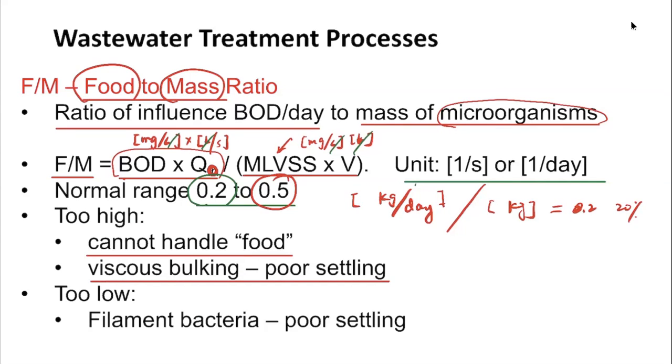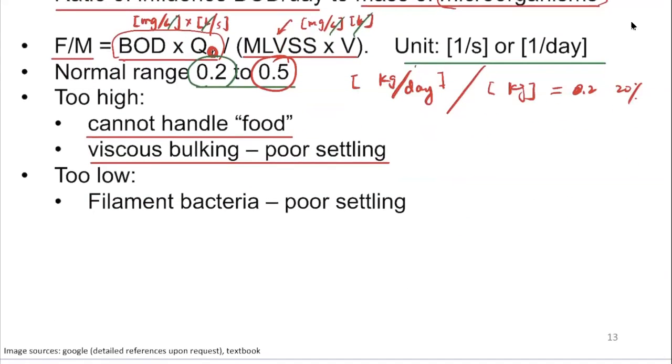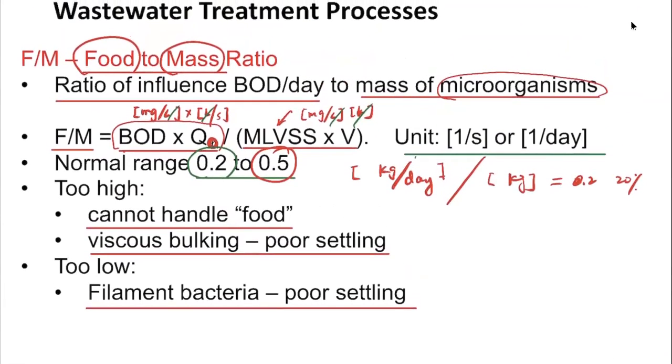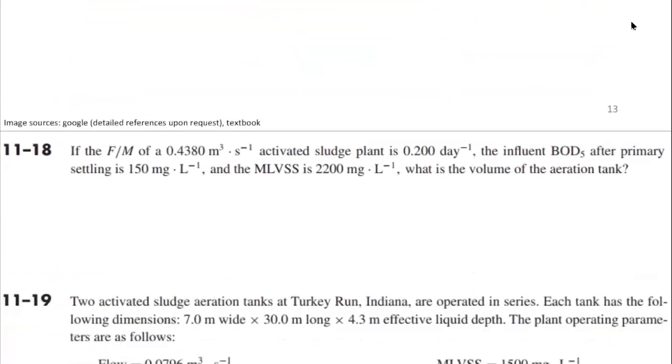Basically, you have too much organics, and it's going to cause less efficient settling of the bacteria. But if it's too low, then you're going to have the filament bacteria again. So you can see that the aeration tank system, since it's a biological reaction, is going to be very sensitive to a lot of parameters.